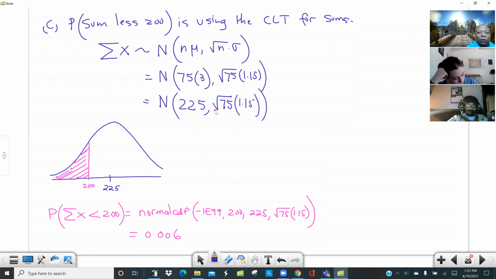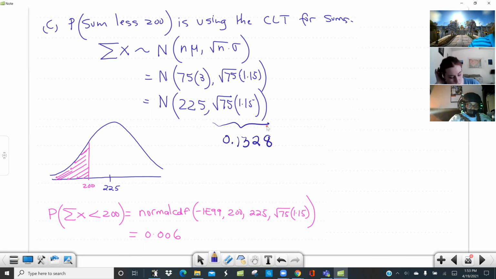When I multiply 1.15 by the standard deviation, 1.15 times the square root of 75, I get 0.1328 again. I think this is what we got before.